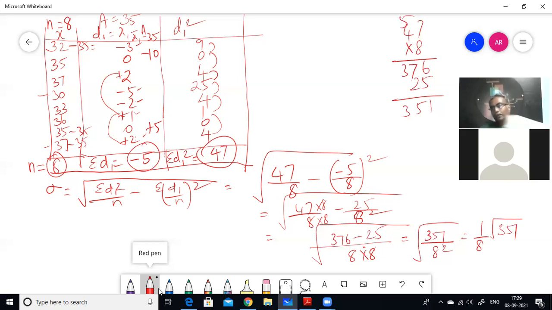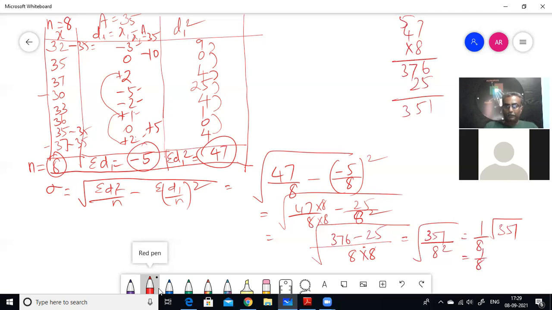What is the root of 351? You have to use a calculator now. I'm going to use my calculator. You also, if you have a calculator, use your calculator. The root of 351 is 18.73.